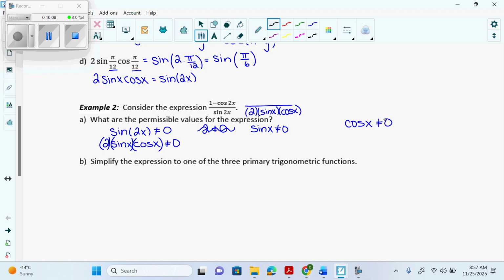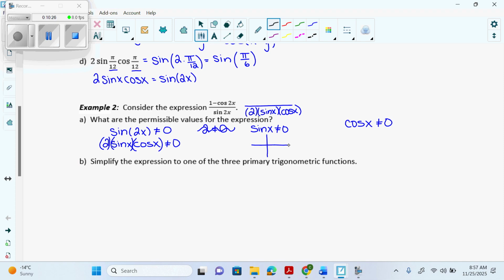Do you see how there's no restricted domain here? So I'm going to have to give general solutions where x can't be. Super fun. I'll let it be in degrees. So where is sine x equal to 0?